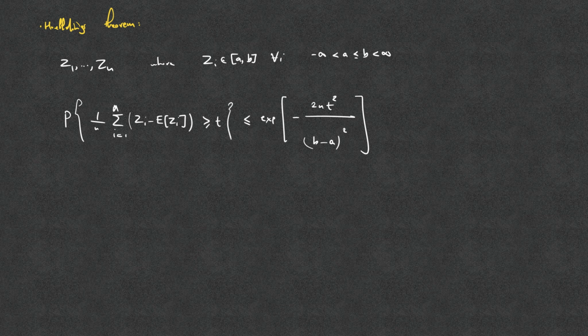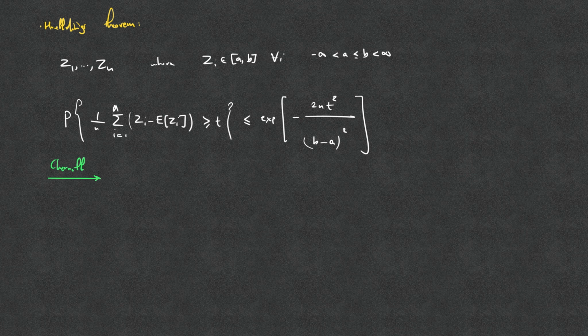Then Hoeffding's inequality says that the probability of the event that 1 divided by n times the summation from 1 to n of Z_i minus E[Z_i] is larger than or equal to a value t, for any non-negative t, is going to be less than or equal to e to the power of minus 2nt squared divided by (b minus a) squared.